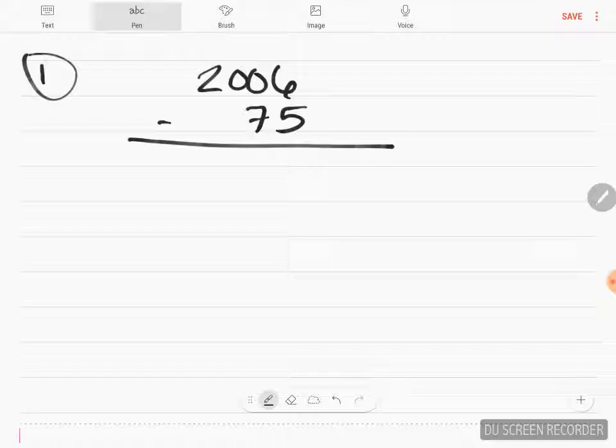6 minus 5 is 1, and now we need to borrow. Let me change the color for you guys. We'll make it yellow. So that 2 becomes a 1, this 0 becomes a 9, and this 0 becomes a 10. 10 minus 7 is 3. 9 minus 0 is 9, and 1.